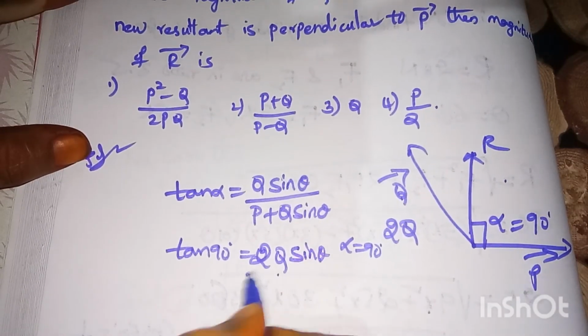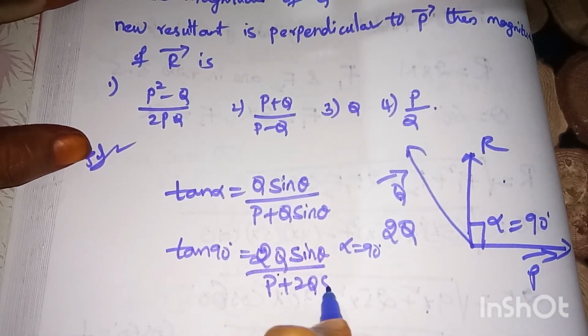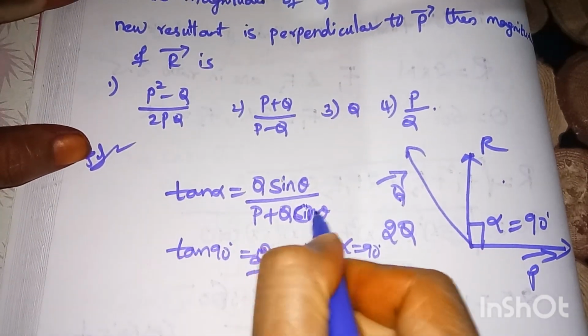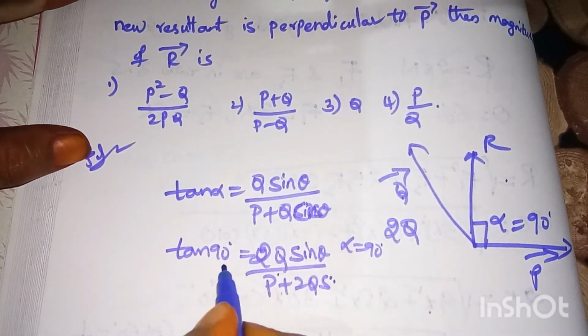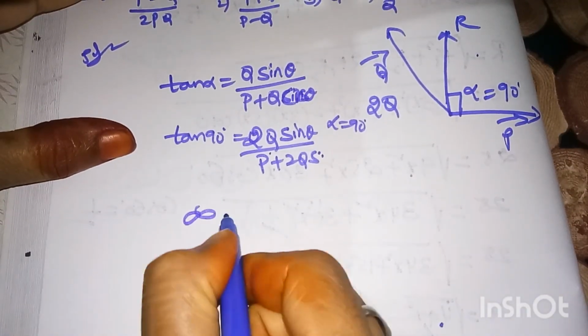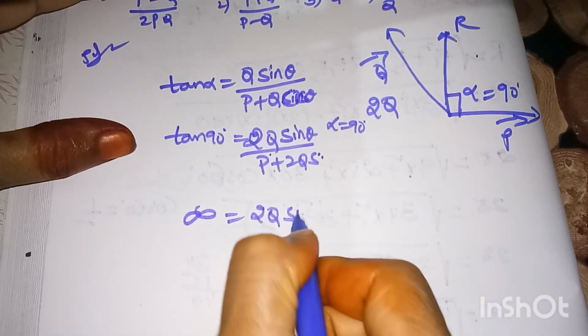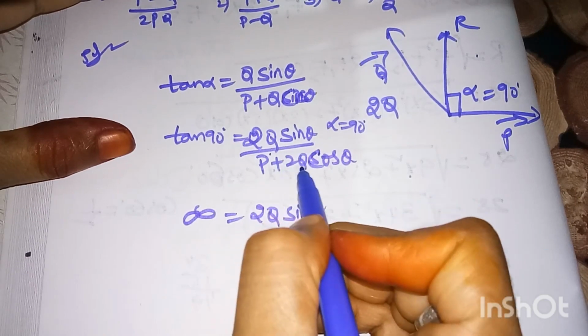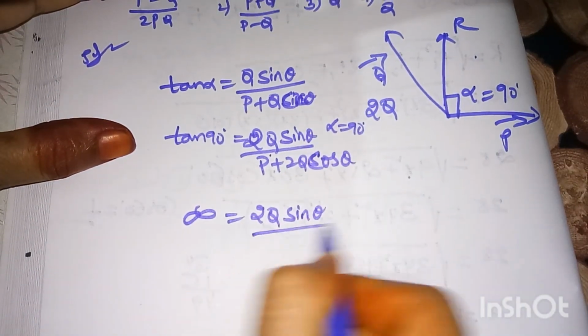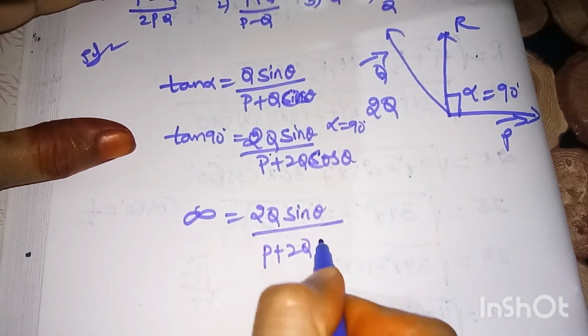Tan alpha is q sin theta by p plus q cos theta. With q doubled, tan 90, which is infinity, equals 2q sin theta by p plus 2q cos theta.